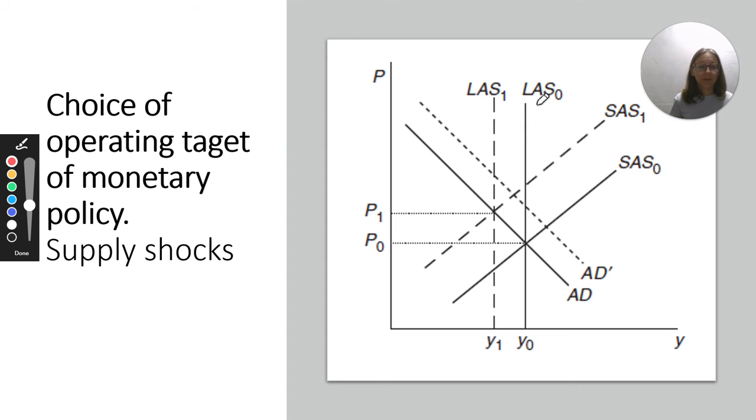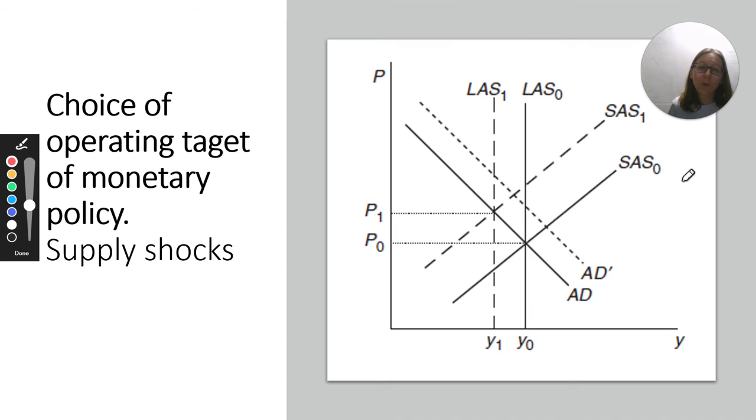We have a problem in the cost of intermediate goods, and so the aggregate supply long run curve as well as the short run curve would shift to the left, meaning that we have an increase of prices. So the equilibrium moves to the dot with P1, and so we have an increase in prices.